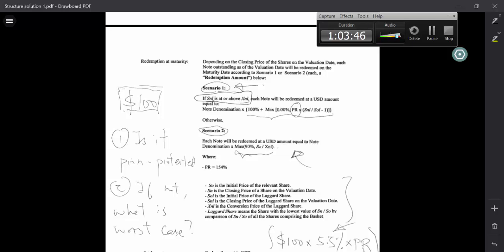Now, one thing I do want to say though is the way these things are constructed quite often is, a client can come to you and say, "Hey, I have this idea in mind, Sam," and then you try and price it. From the investor's point of view, they are purchasing this option and they are selling this option.